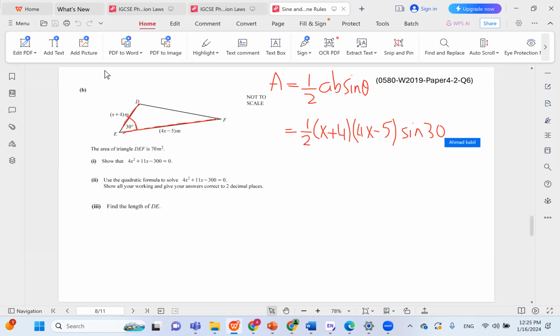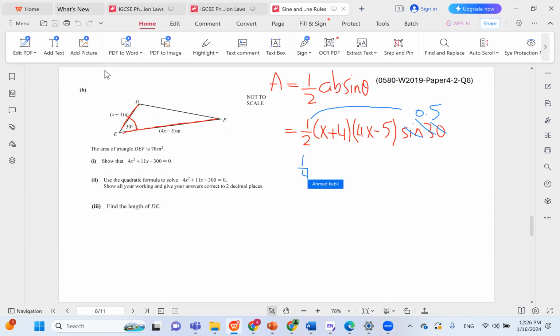So just to get sine 30 out of the way, you can use your calculator to evaluate sine 30. You're going to find that this is equal to half. So we can just write 0.5. And then we can multiply this half by the other half. So these two together will just give us 1 over 4.